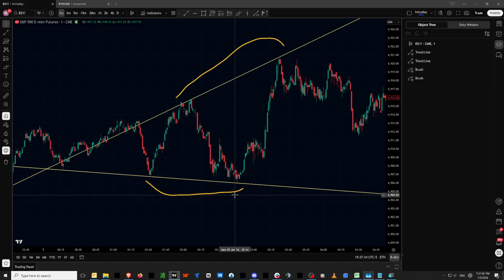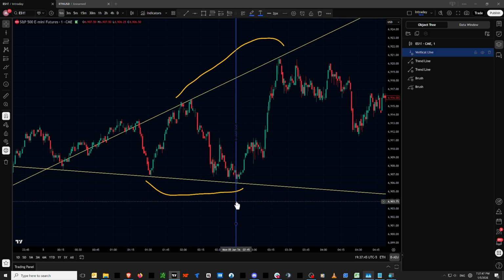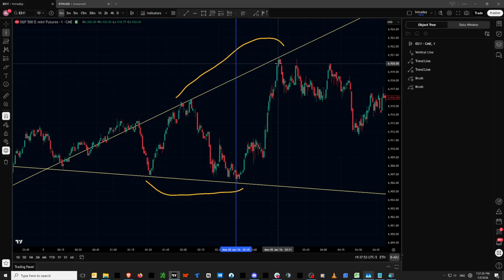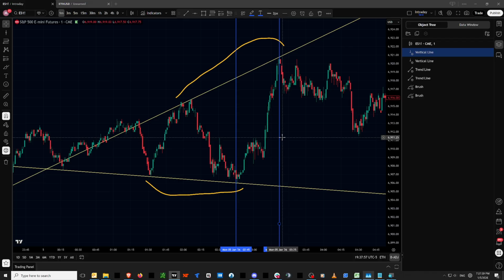Step two, I'm going to put a vertical line on the lowest low of my bear, which is this mark here, and the highest high of my bull.